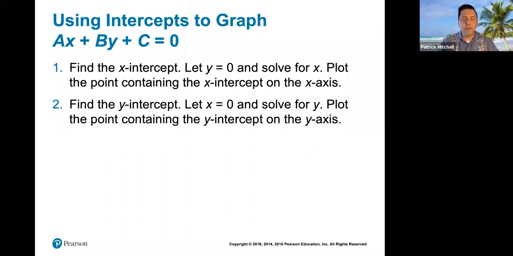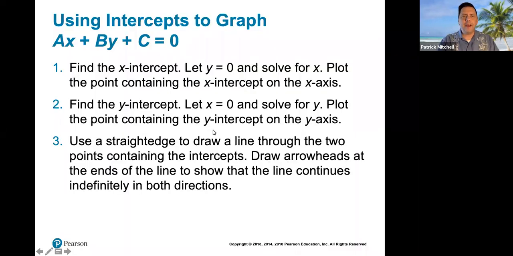And then similarly, find the y-intercept. Let x equal 0 and solve for y. Plot the point containing the y-intercept on the y-axis. Then we'll use a straight edge to draw a line through those 2 points. And of course, we'll draw arrowheads at the ends of the line to show that the line continues infinitely in both directions.